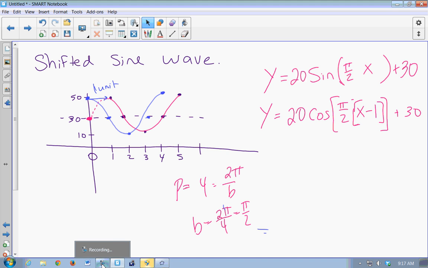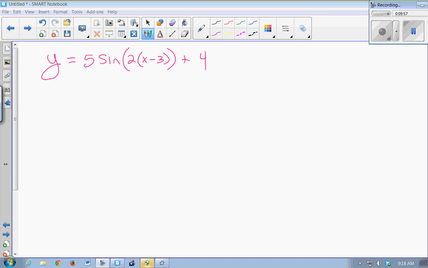Okay, so I'm going to graph this thing by hand. I could just dump it in GeoGebra and see what it looks like, but we'll do it by hand to tell us what all these different pieces mean. So I've got the midline. I always start by graphing the midline first, which is at 4.